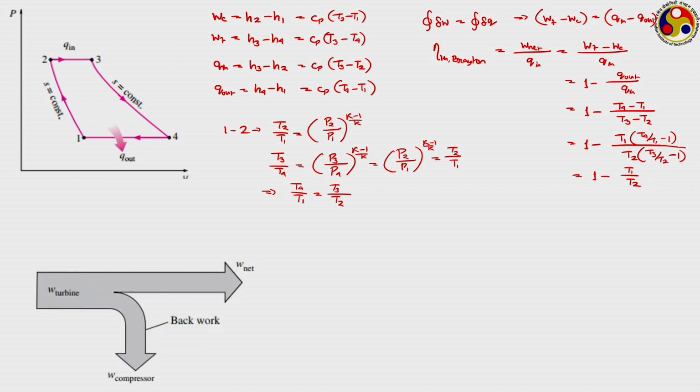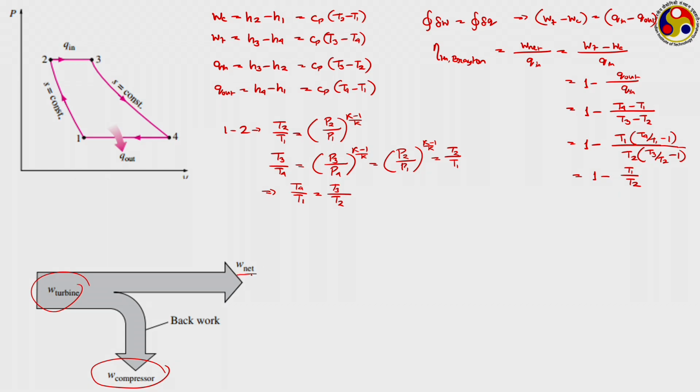Now, it is important to note that the net work output can be significantly different from the work output that we get from the turbine, because here the working medium is a gas, and to compress a gas we generally have to use a significant portion of the work produced by the turbine, and therefore, this compressor work can eat up a significant portion of the turbine work, thereby giving a much lesser amount of net work, and this work is often referred to as back work. So, the ratio of these two works, compressor and turbine work, is often referred to as the back work ratio.